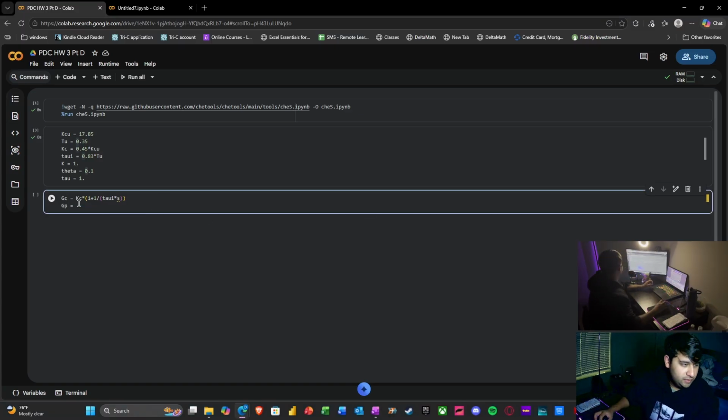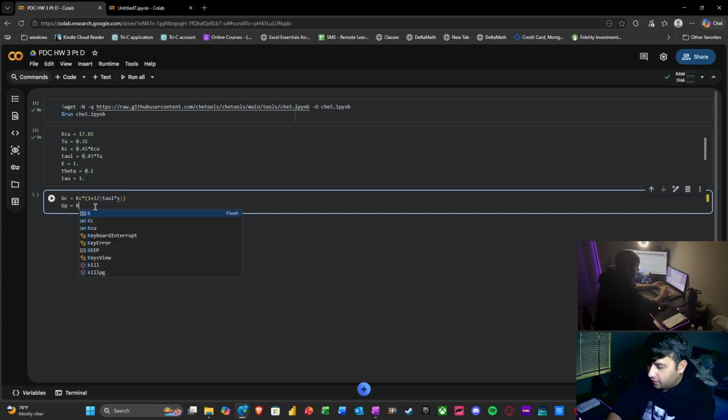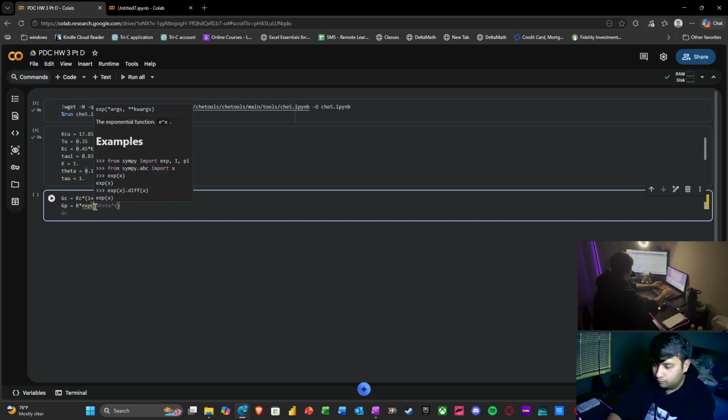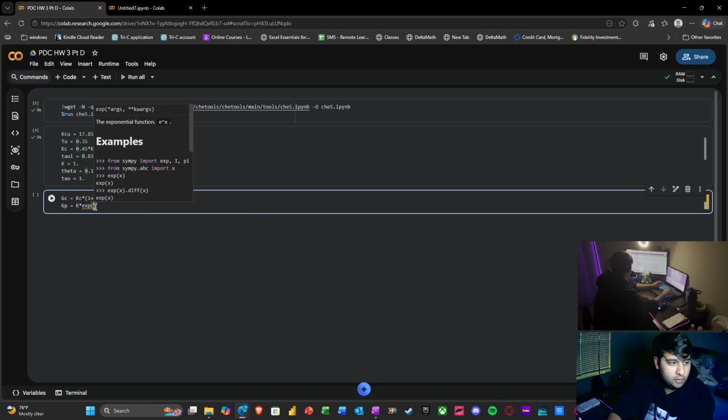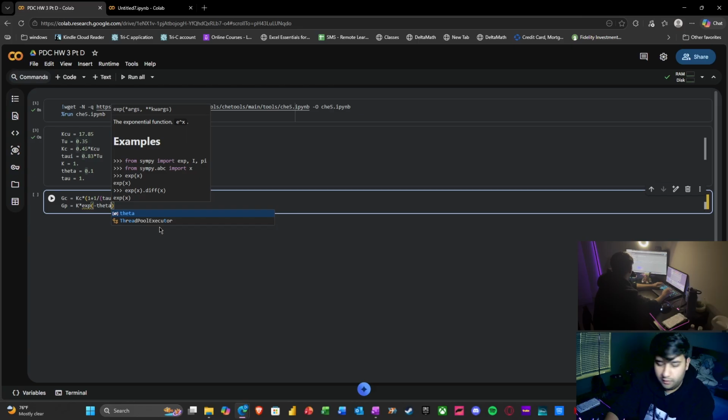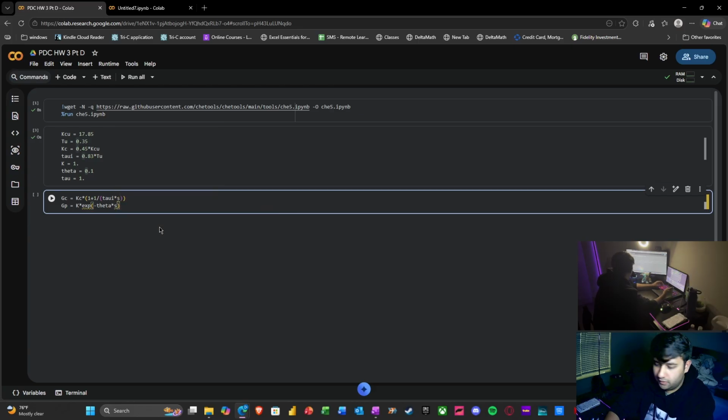Actually, I switched around the GC and GP. It's supposed to be GC, and then GP is K times e to the negative theta times s divided by tau times s plus 1.